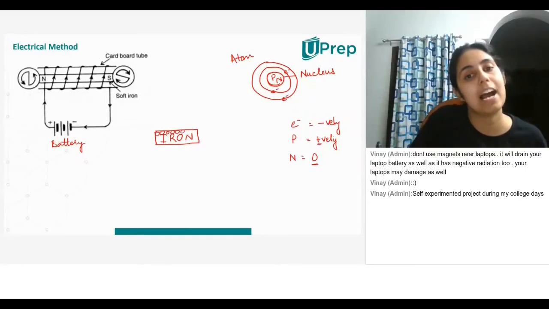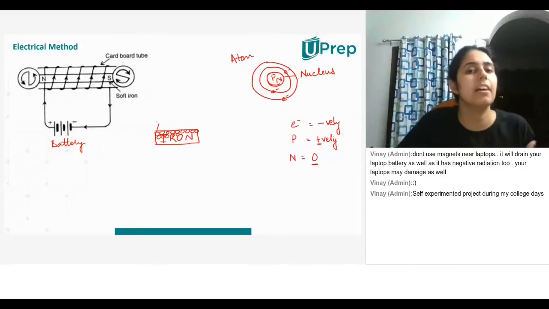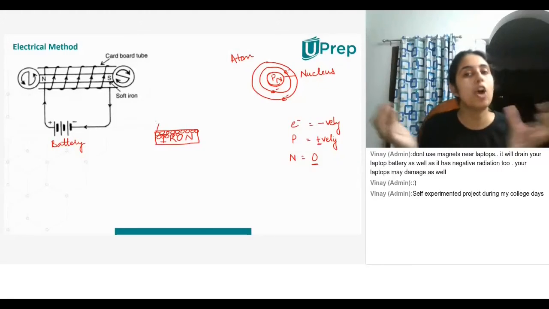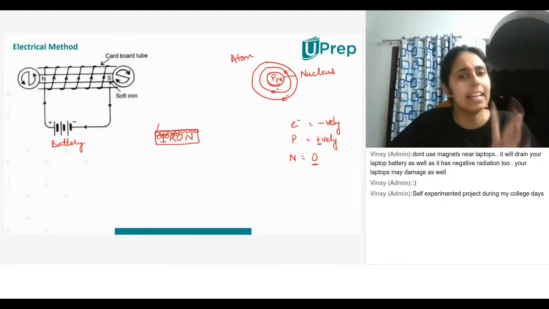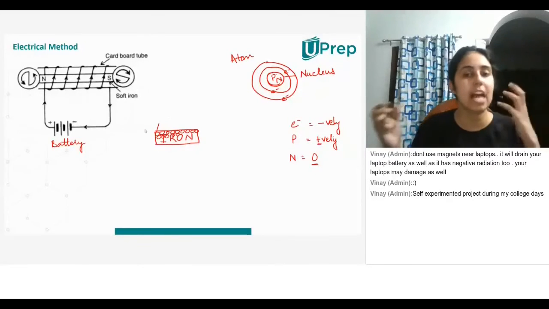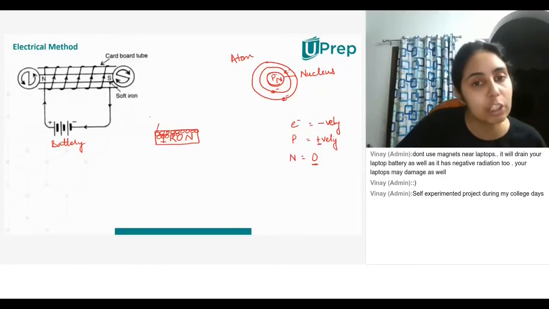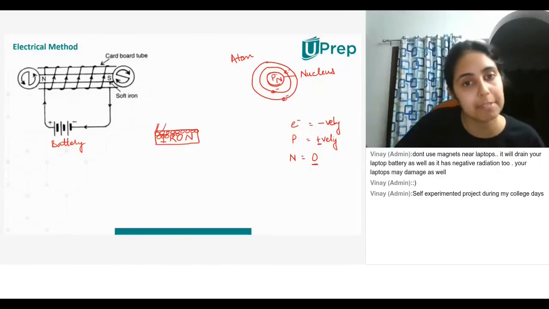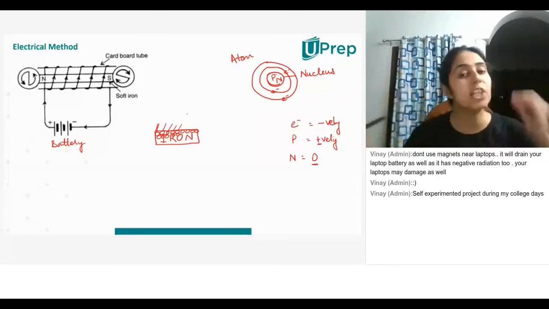Inside each atom, there are a few freely floating electrons, some free electrons. That means they are not attracted strongly by the nucleus. They are attracted, but not strongly. So those electrons move freely in this piece of iron. Every single atom of iron will have some free electrons.